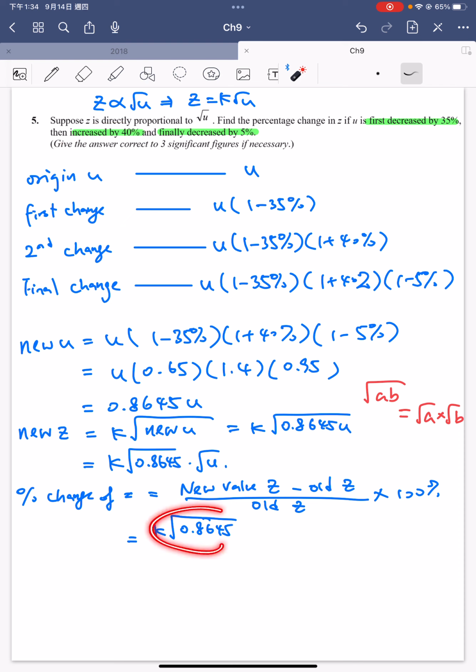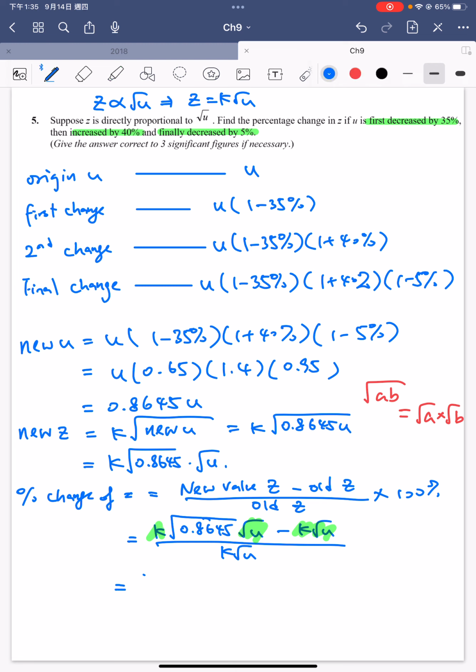If you take three significant figures here, you will get an error in the final answer. So times the square root of u, and then minus our old z, which is k square root u, and then we divide by our old z again, k square root u. You can see from this formula, we have k square root u as our common factor.